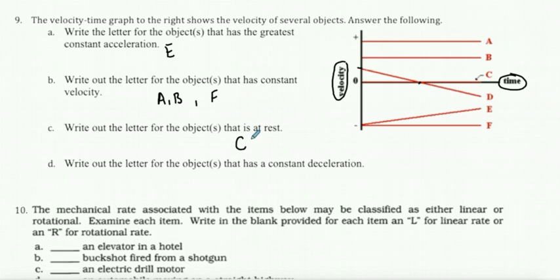So C would go here. And then for question D, write out the letter for the object that has constant deceleration. As I mentioned here, this is going down, so it's slowing down, and that is a deceleration because the slope is negative.